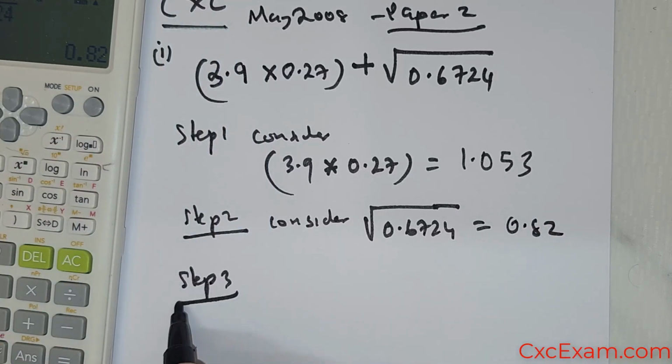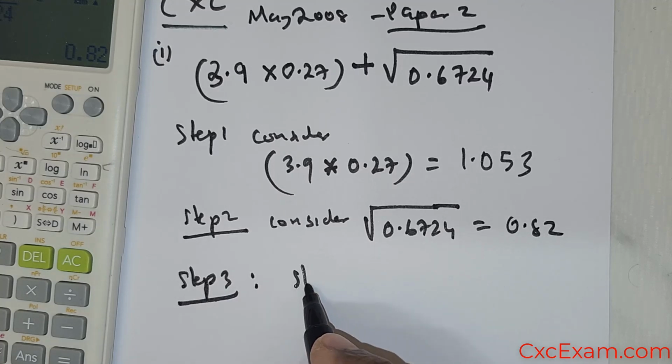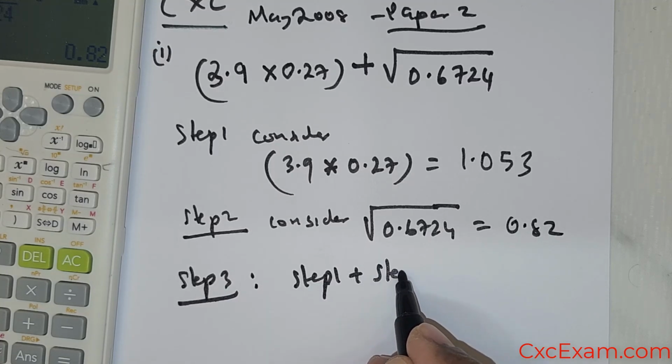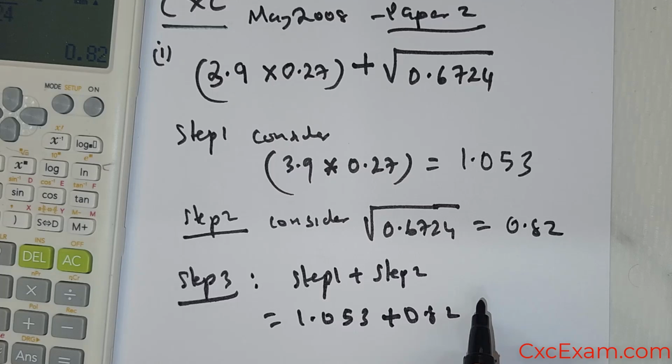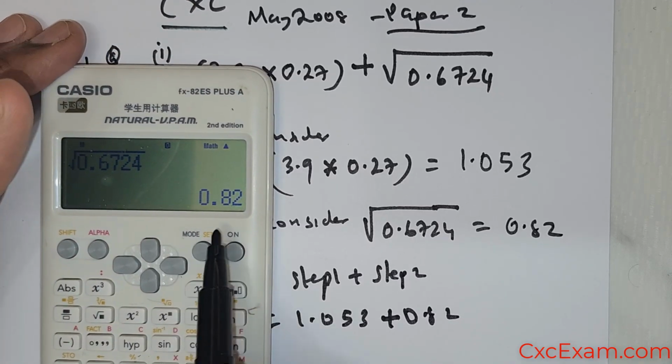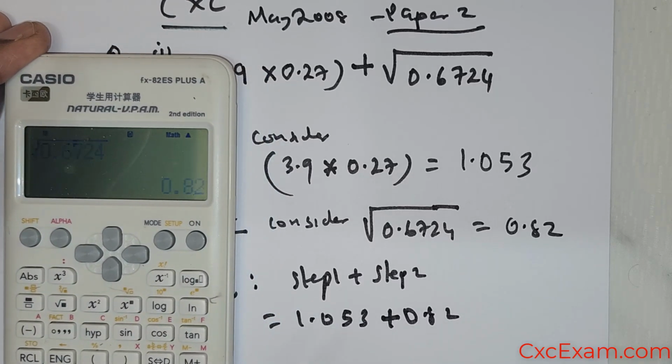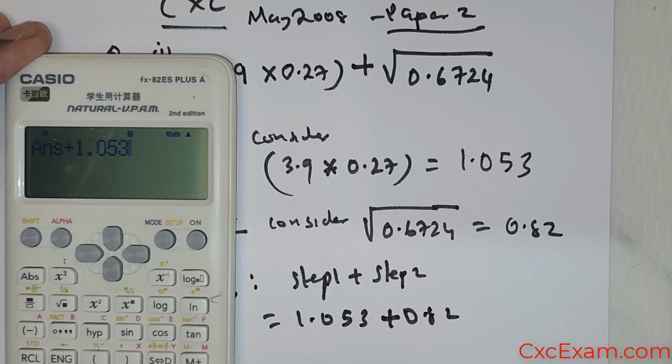So step 3 is step 1 added with step 2, which is 1.053 added with 0.82. Now you can simply add, and what do you get?